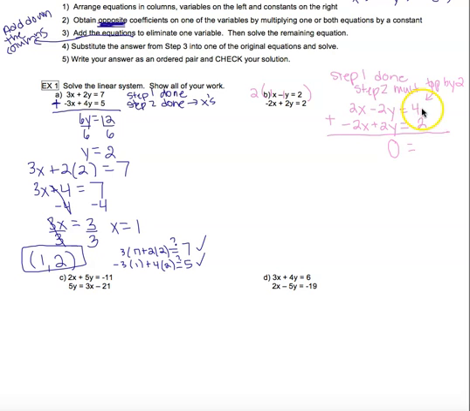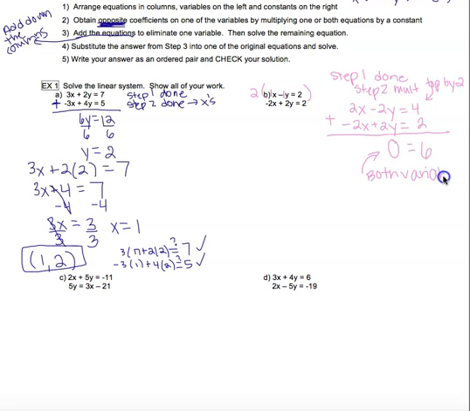On the right side, I have 4 plus 2, which is 6. So in this case, both of my variables dropped out. When both my variables drop out, that's when I know it's a special case.